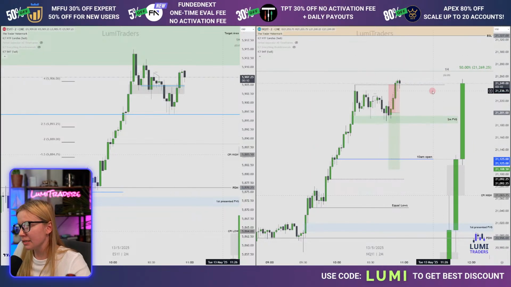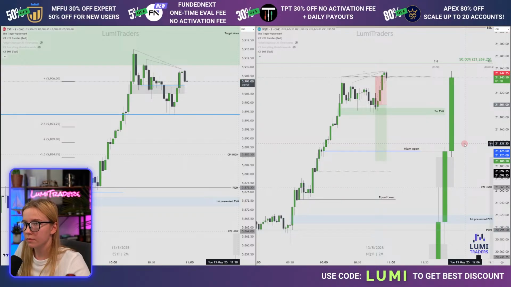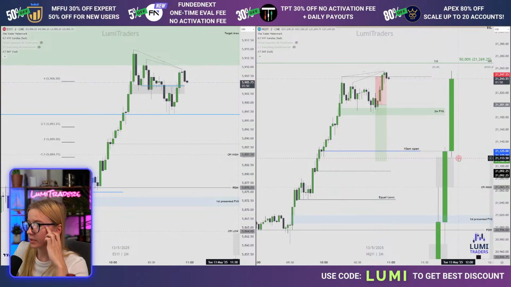So yeah, I would basically anticipate getting a retracement, honestly, at this early candle. It's okay. Waiting for 11. CPI was at 8:30 a.m. It's already done.